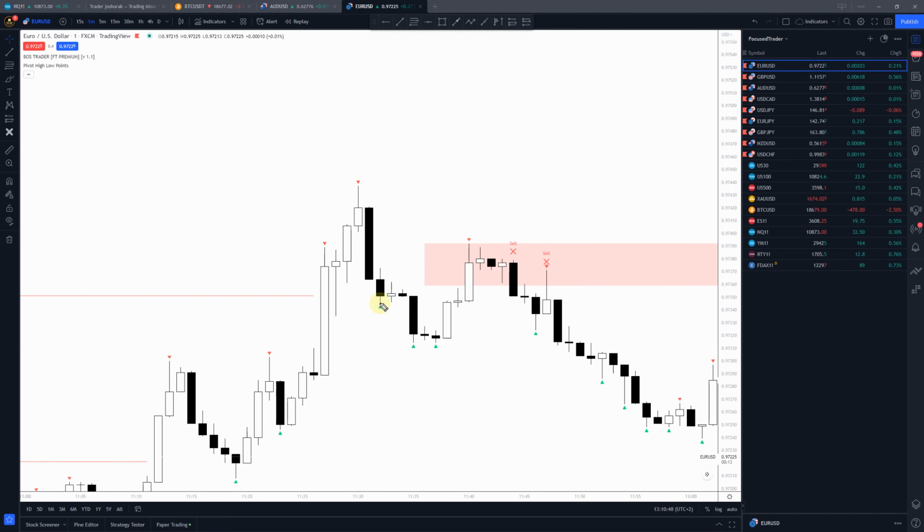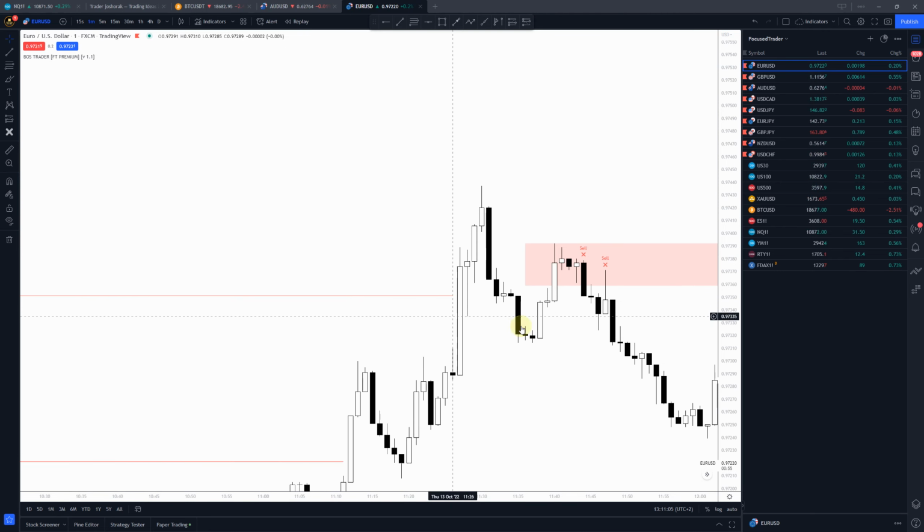So if we expand this, here is our break, and here is a new pivot low. So when this swing is defined, the area of interest pops, and you see how clearly defined the structure is. This is the same thing that this BOS indicator does.